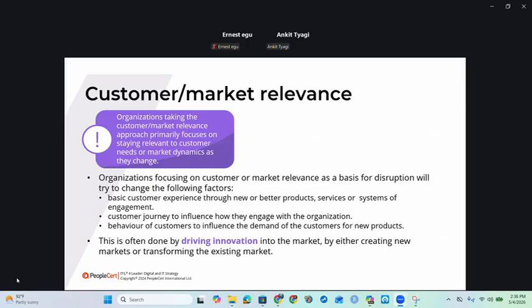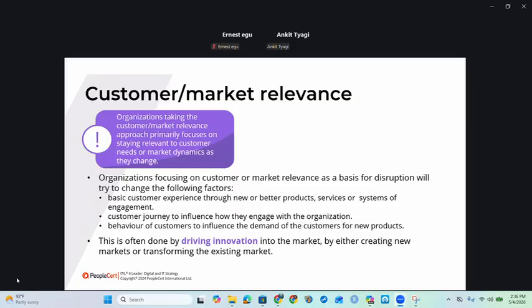Organizations focusing on customer or market relevance as a basis for disruption will try to change the following factors: basic customer experience through new or better products, services, or systems of engagement.